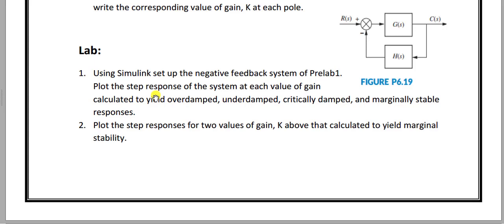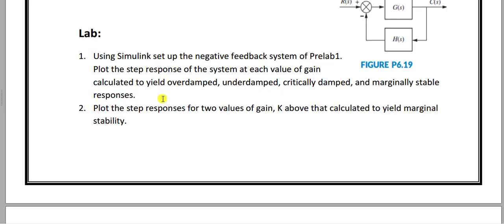I repeat, you'll have to find the range according to the Routh-Hurwitz stability criteria, and from that range you'll put the values into the MATLAB program to yield overdamped, underdamped, critically damped, and marginally stable responses. So this is task number 1. You'll have a graph for each of the responses and you'll paste it in your report.